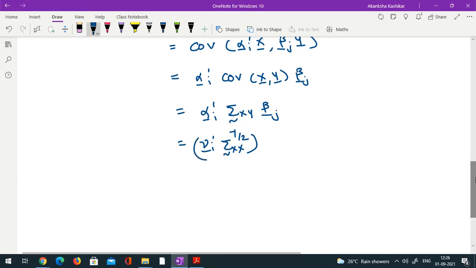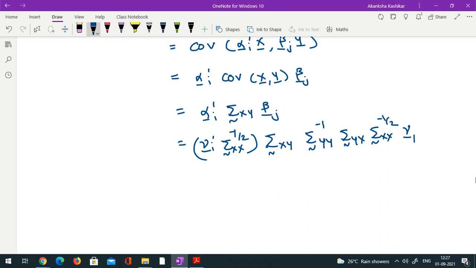Correct? Because sigma xx raised to minus half is symmetric. Then sigma xy stays as it is, and beta j is sigma yy inverse sigma yx sigma xx raised to minus half nu j. Correct?